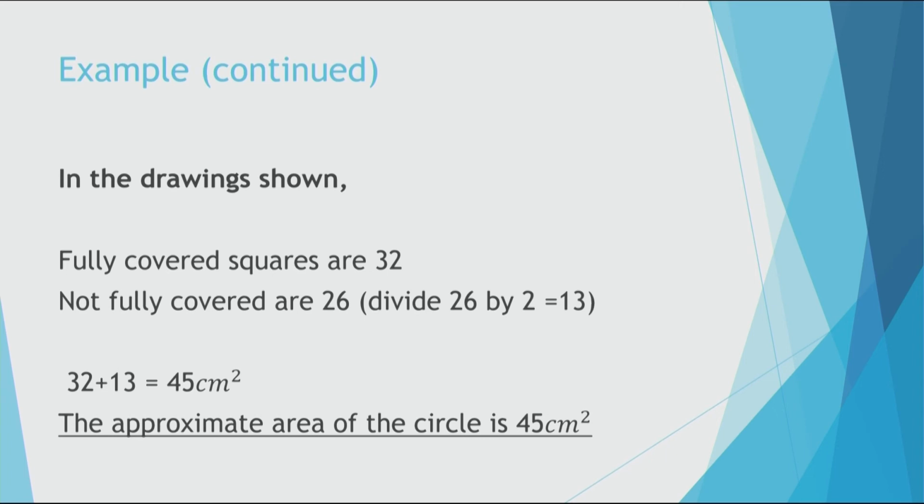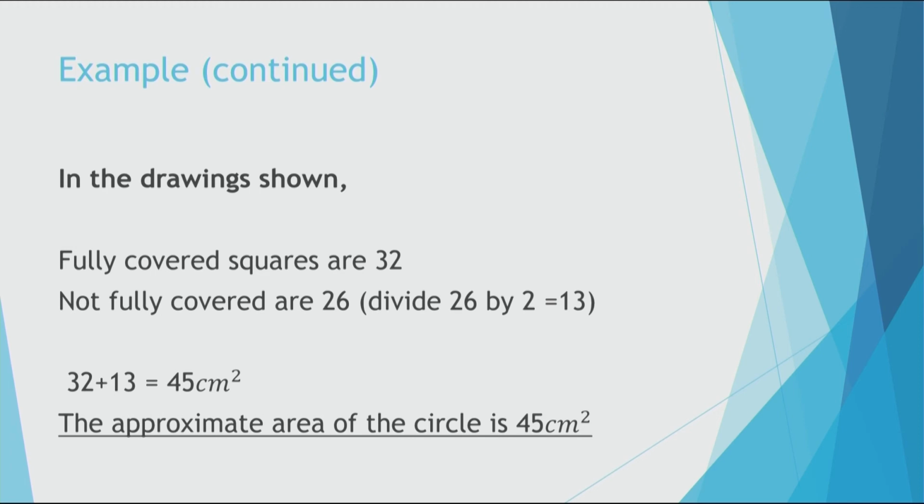Having looked at the drawings, you have seen that the fully covered squares are 32. The partly covered ones are 26, so you divide 26 by 2, which is 13.